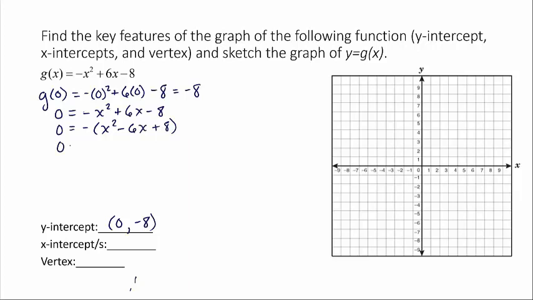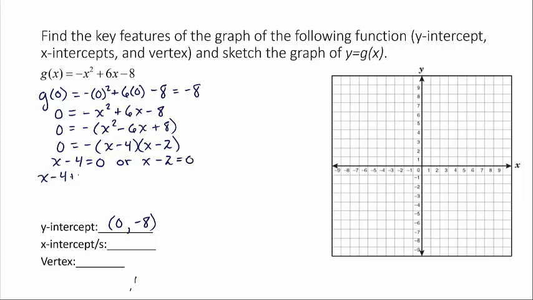All right, now I need factors of 8 that add to negative 6. So negative 4 and negative 2 will do it, right? Negative 4 times negative 2 is positive 8. Negative 4 minus 2 is negative 6. That is what that gives us in the middle. Okay, so now I know that either x minus 4 is equal to 0 or x minus 2 is equal to 0. And I want to solve both of those, right?